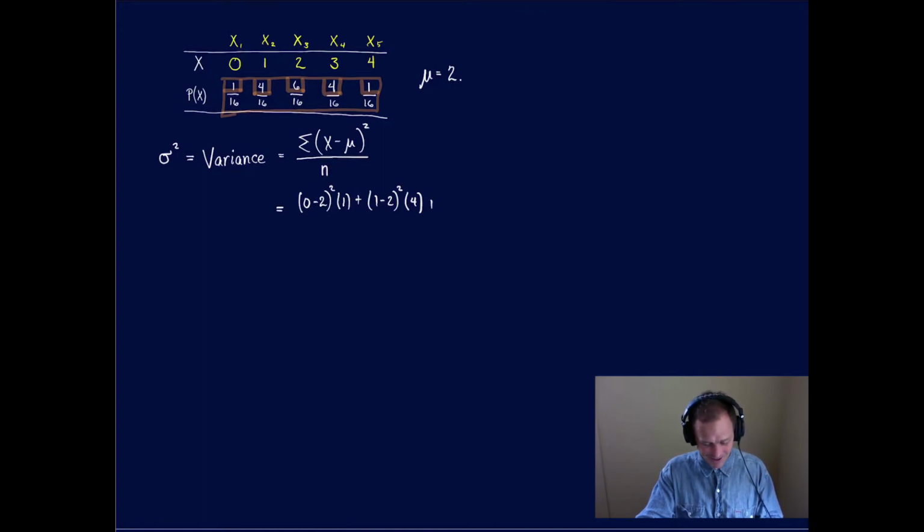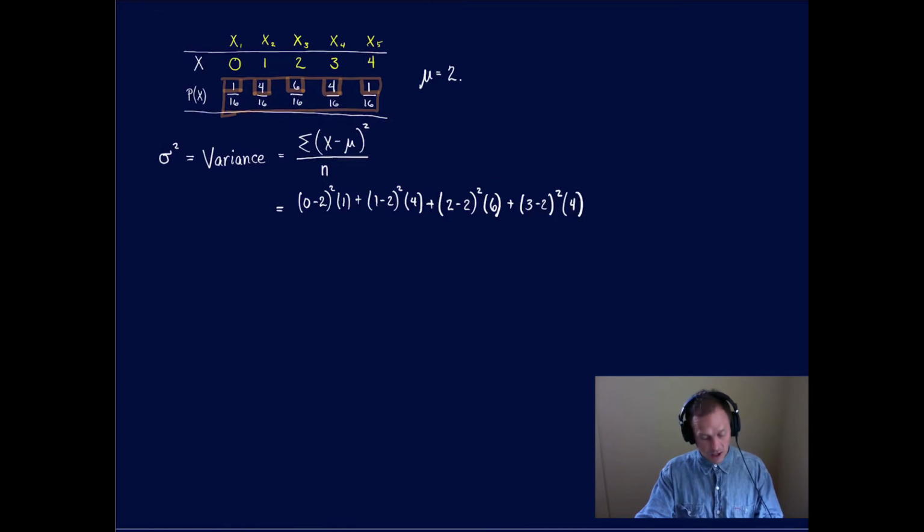So plus, our next one was a family with 2 girls. We subtract the mean of 2. We square it, and we multiply it by the number of ways it occurred, which is 6. Plus, our next one was 3. We subtract the mean of 2. We square it, and we multiply it by 4.